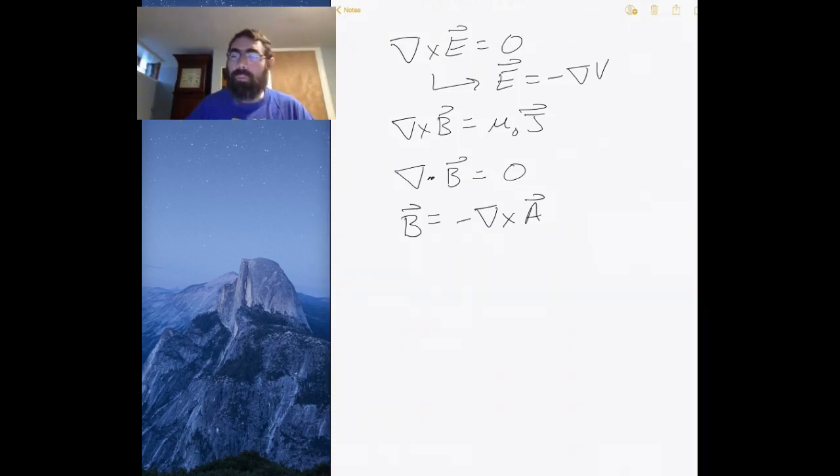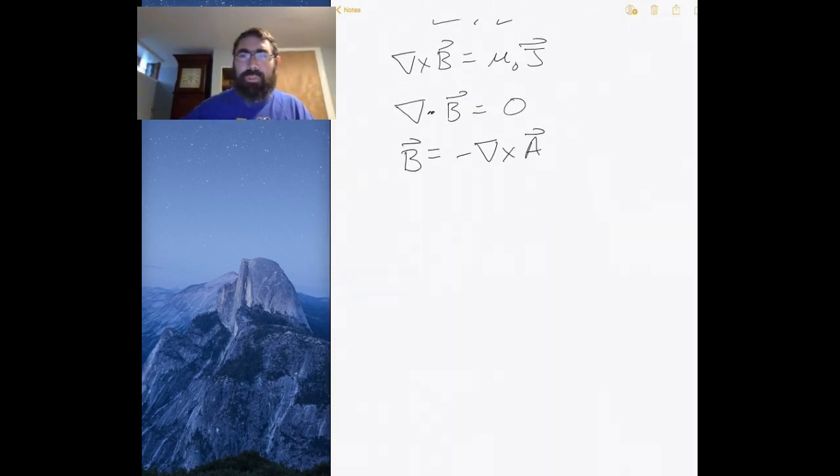So what does that mean? Well, first, what if we use this with Ampere's law? Ampere's law says that I should now have minus the curl of my vector potential.